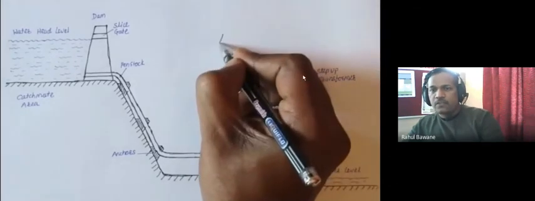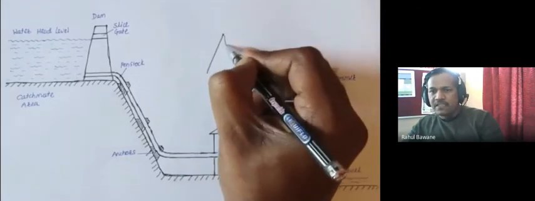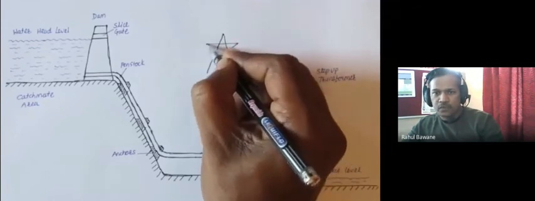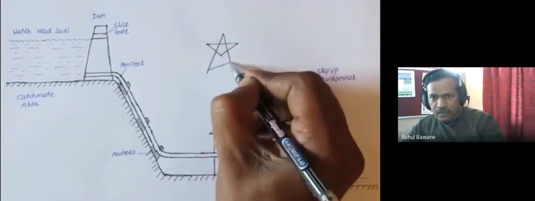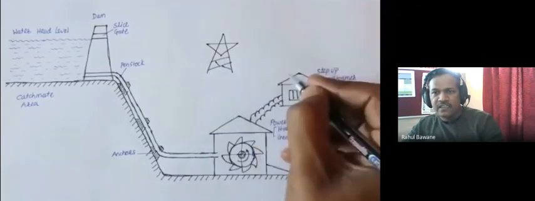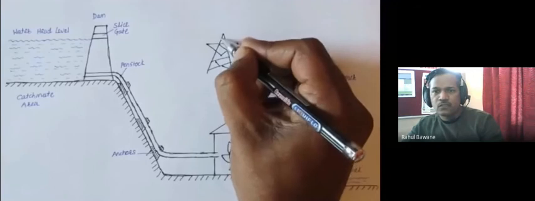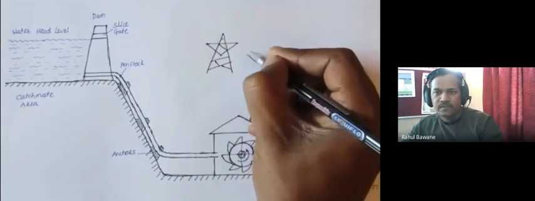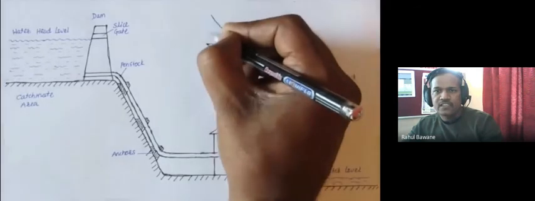Now, whatever step up power there is, I have to shift it to a locality, to the population, to any city. And as I said, the dam is always erected at very remote places, so we use a high tension transmission line. Why is it called a high tension transmission line?